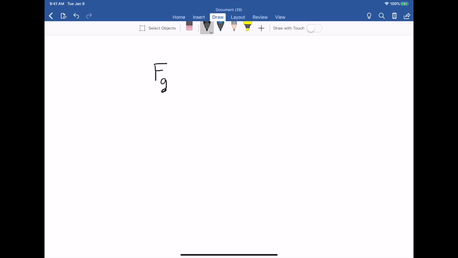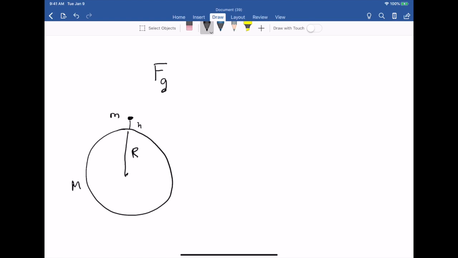So suppose you've got the Earth like this, and you've got an object of mass little m. Let the mass of the Earth be capital M, and the small object is at a height h above the surface of the Earth. Let me draw the radius of the Earth here. I'm going to call r the radius of the Earth.